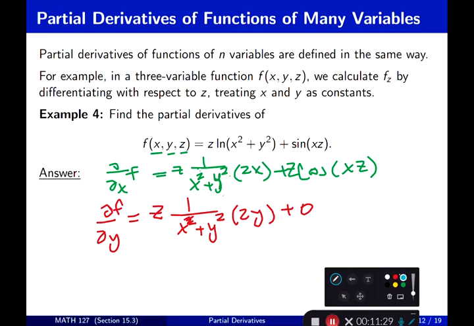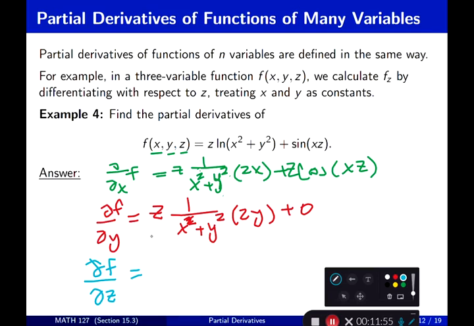Now how about the partial of f with respect to z? This time x and y are constant, so natural log of x squared plus y squared is just a constant. It's like ln of 3 plus 4, natural log of 3 plus 4, so it's just a constant.